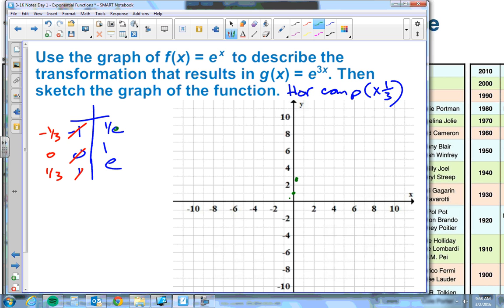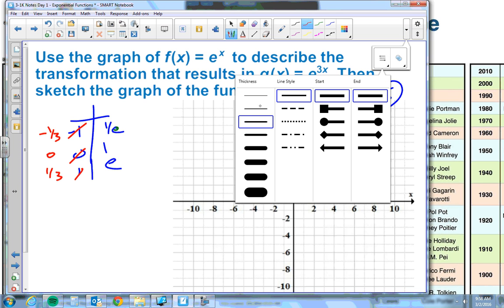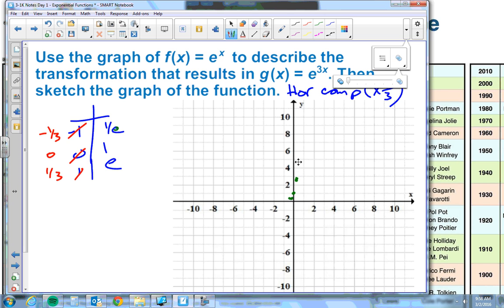So that point should be in the bottom right corner of its square. It's kind of hard. It'll do. Like I said, those points need to be accurately plotted, as accurate as you can get.